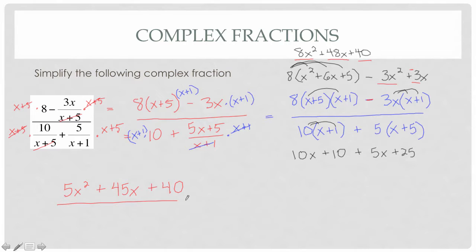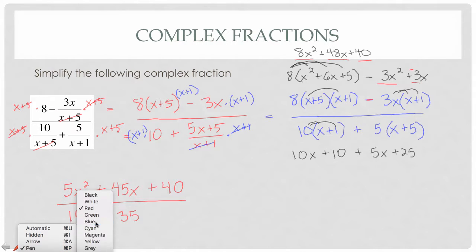On the denominator, it's a little bit nicer. It's 10x plus 5x, so it gives me 15x. And then I've got 10 plus 25, so that's 35. Okay, look at that. We're making some progress. One thing that jumps out at me, 5, 45, 40, 15, 35.